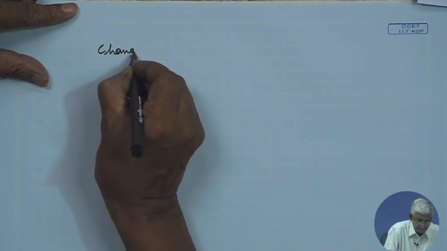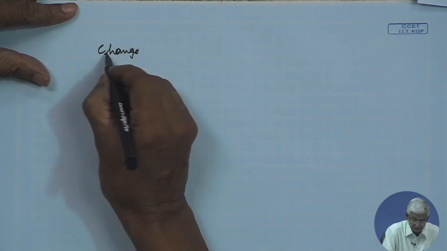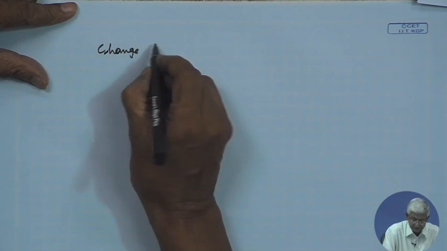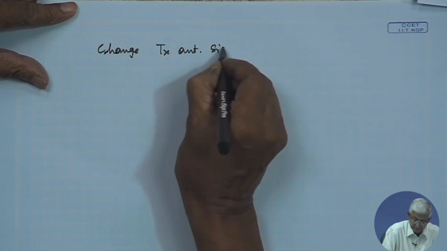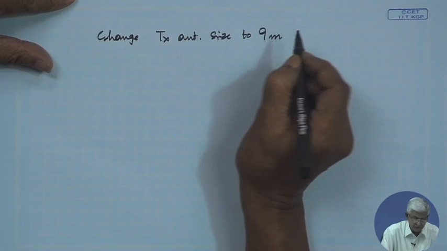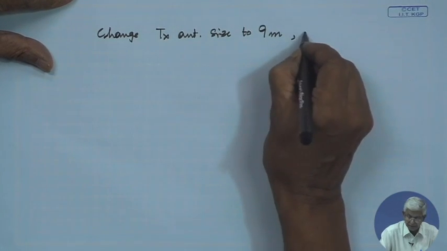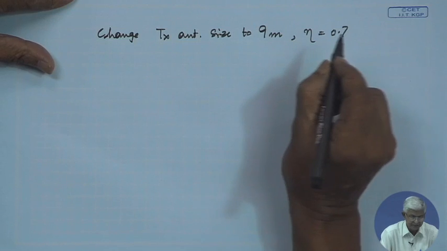Or the transmit antenna size, any one of them. So, change the transmit antenna size to 9 meter, instead of 1 meter, with the efficiency. Obviously, efficiencies are better, we have discussed earlier.